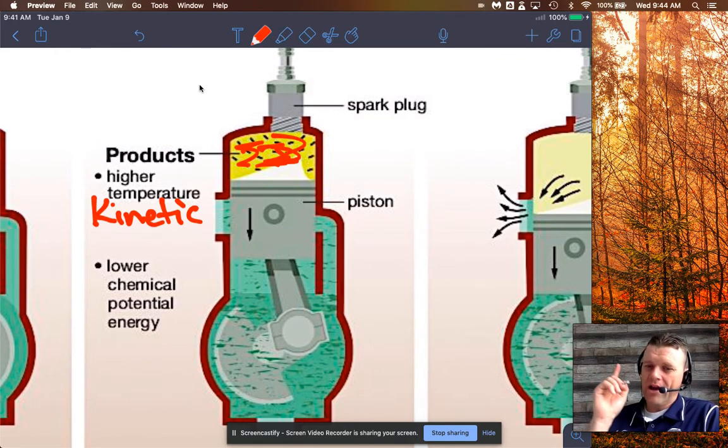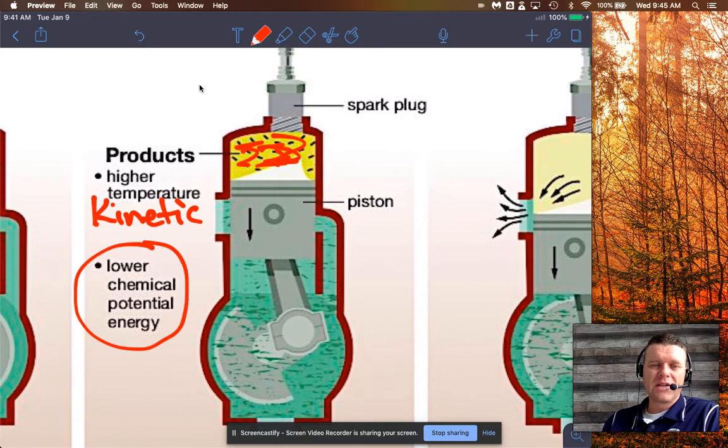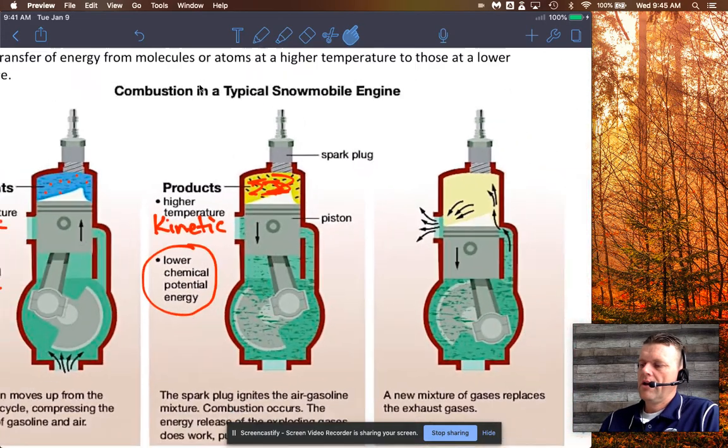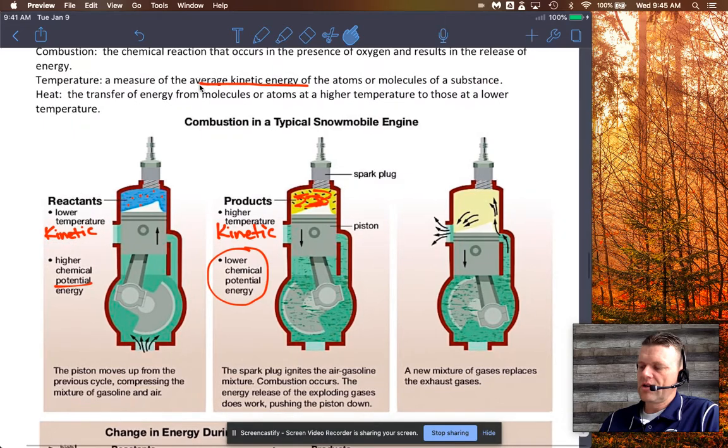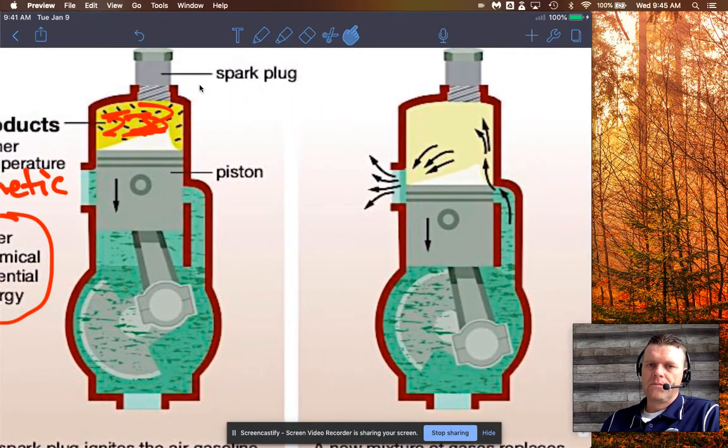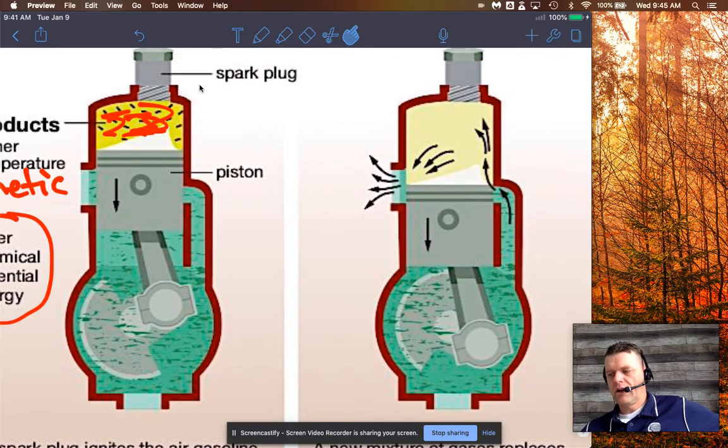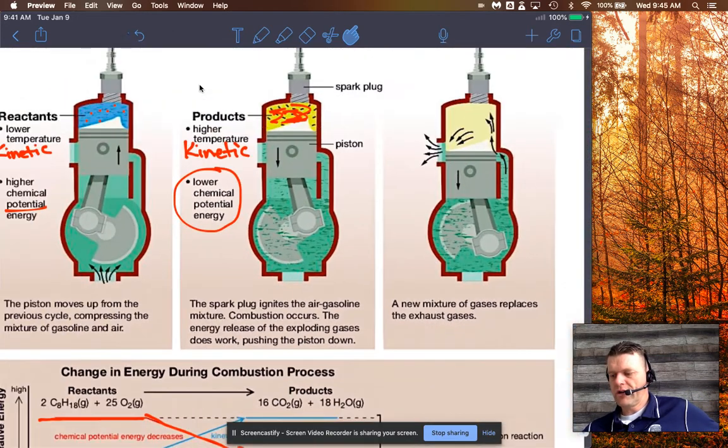After combustion has happened, now you have a lower chemical potential energy. The potential energy has now been lost, or really, it's not been lost. I should be careful saying that. It's been converted into kinetic energy. Then obviously with the piston in the system, as it drives down, it will replace the gases and do it all over again. That's kind of the genius behind an internal combustion engine.